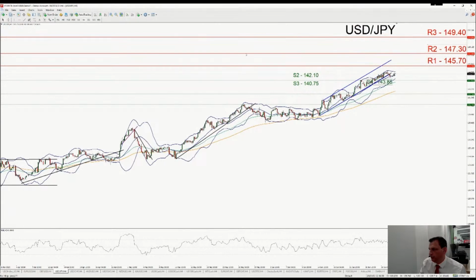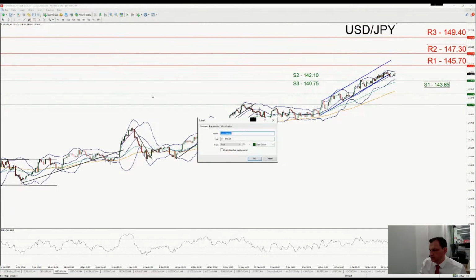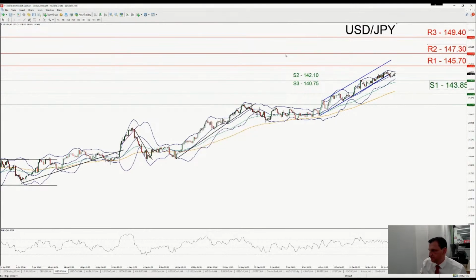I think overall we have to make some readjustments here, especially on the resistance level. So allow me to have a look at that. But first of all, let's finish off with the labels.